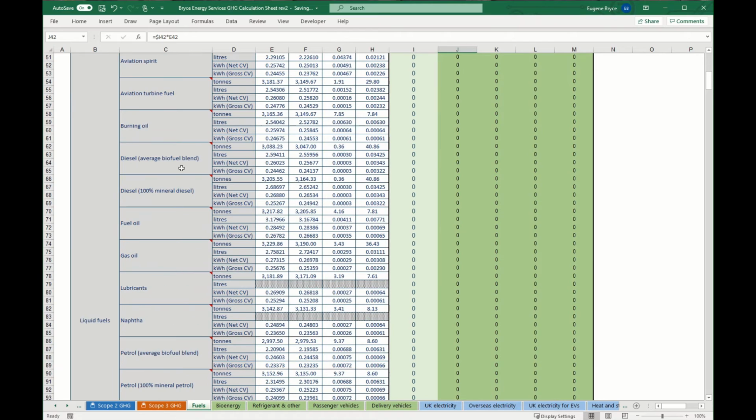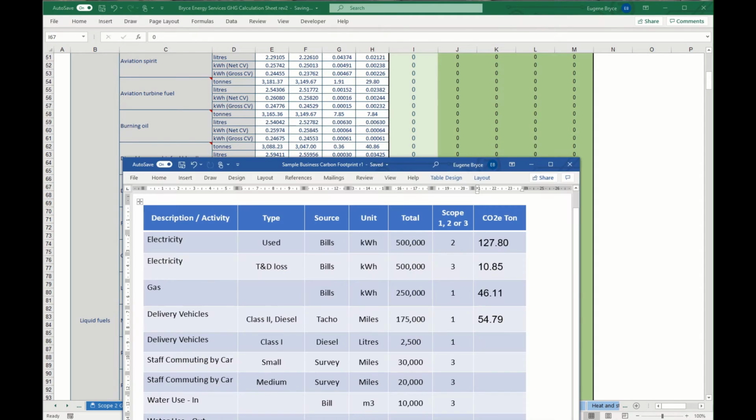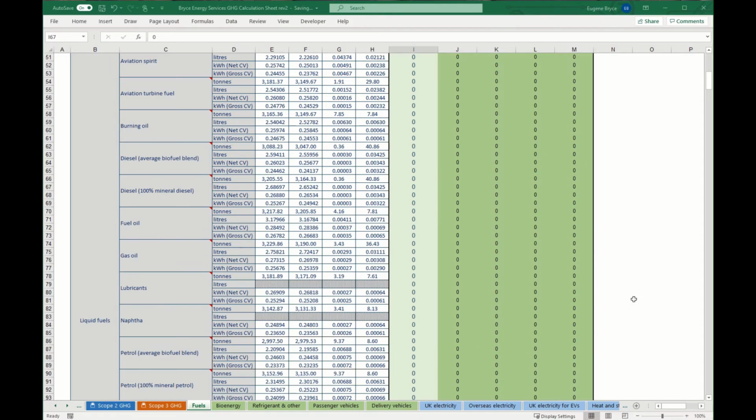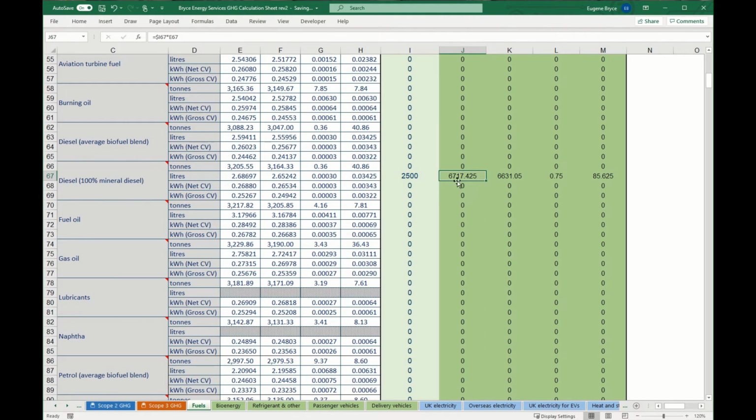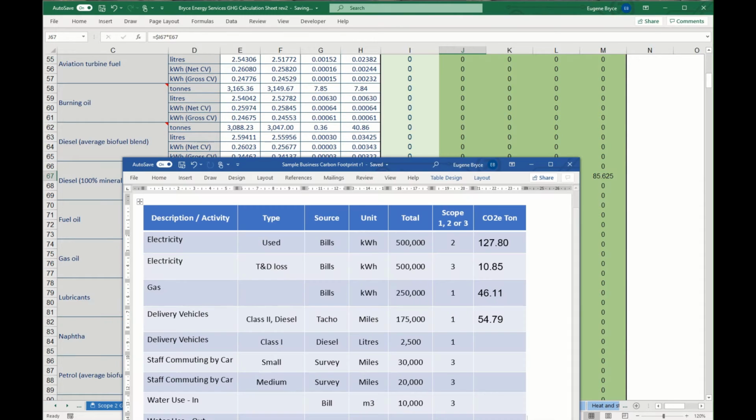So we have diesel, litres, and what did we say? It was 2,500. So 2,500 litres of diesel equates to 6,717 kilograms.